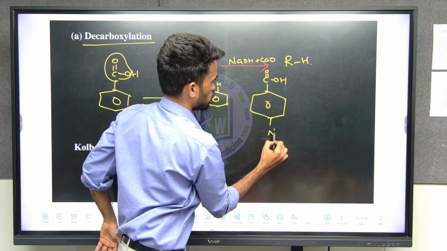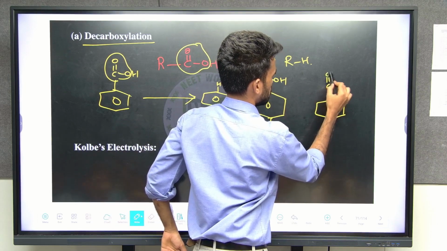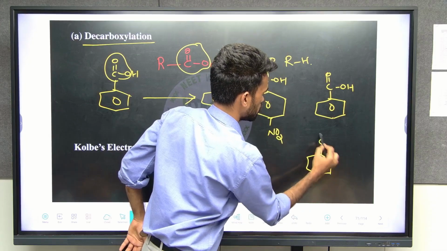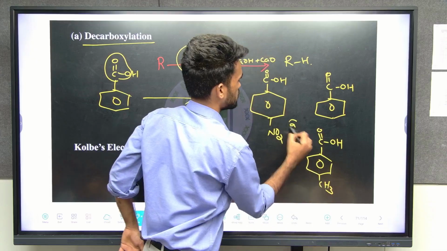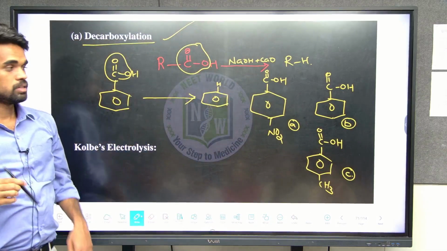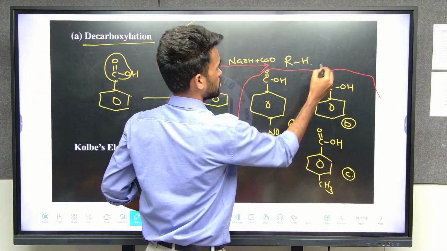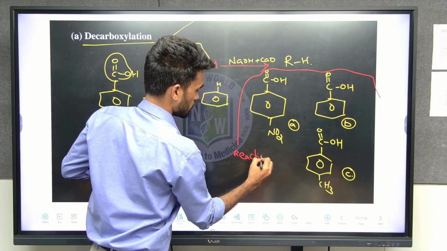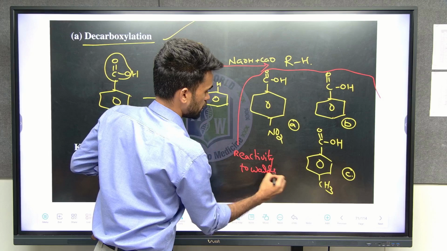Now to this benzoic acid, just see what I am doing. Here nitro group, no group, methyl group. Tell me A, B, C, which is more reactive towards decarboxylation? Out of these three compounds, reactivity towards decarboxylation.